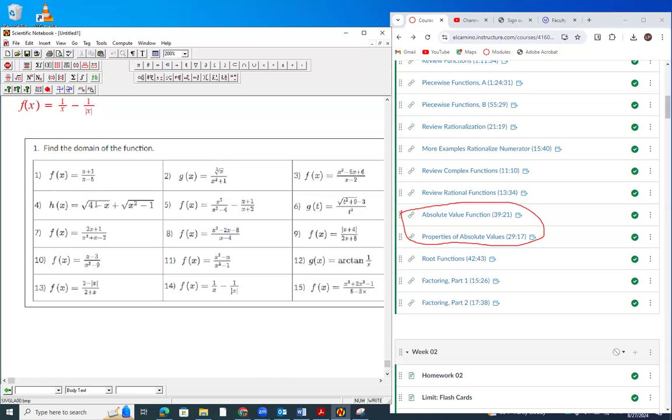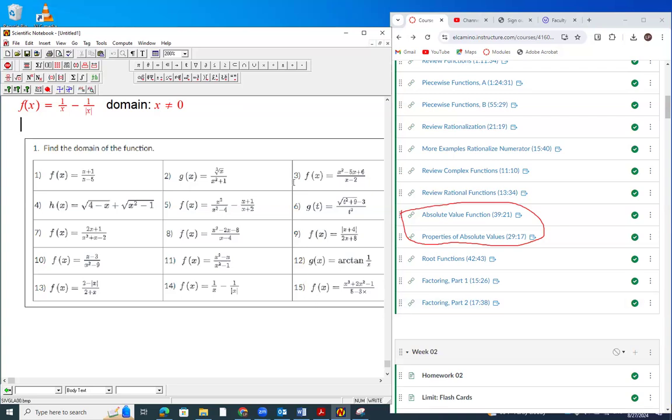Don't try to find common denominators. You don't need to do that. The denominator cannot be 0, so the domain for this one is pretty straightforward. It's just x cannot be 0. You know that. Okay, so that's about absolute value related.